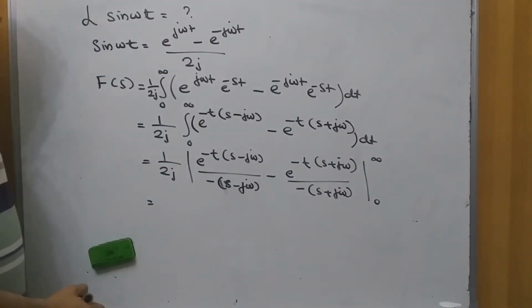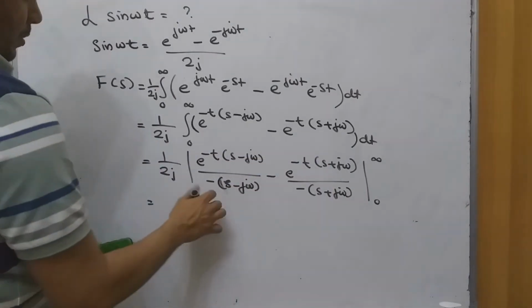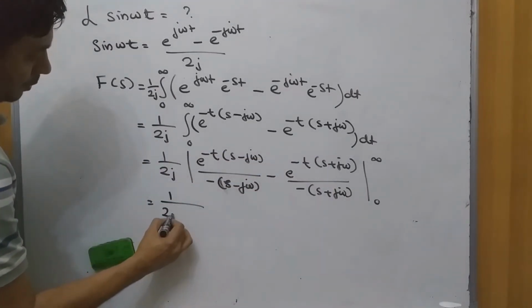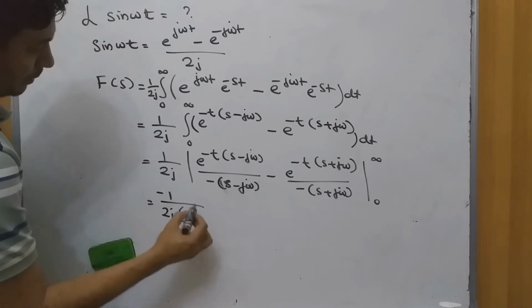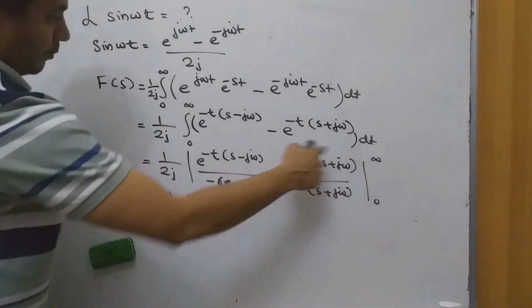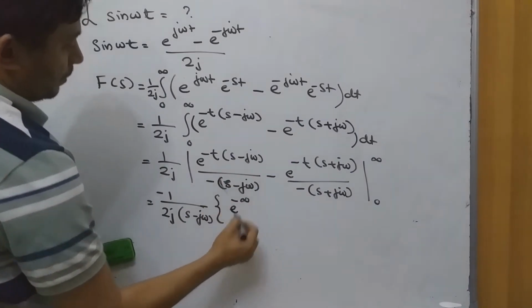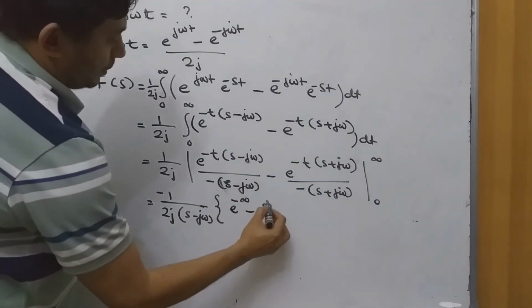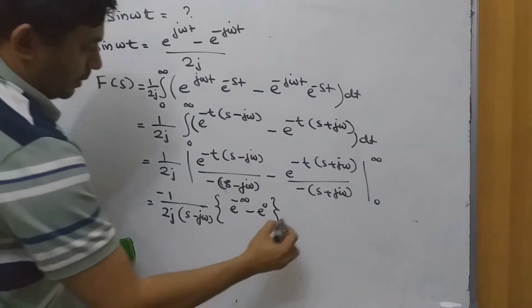So as we have done before, we consider part by part. The first term I'm going to consider 2j. This term I'm going to take as minus s minus j omega. Then if you apply the upper limit, it is going to be e raised to minus infinity minus e raised to 0. First part is done.